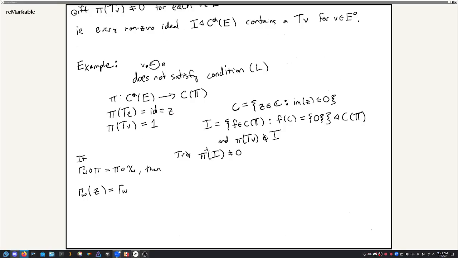that's gamma w composed with pi evaluated at t sub e, which, if this were true, would equal pi composed with the gauge action at t sub e, which would be pi of w t sub e. That's what the gauge action does. Which would equal w pi of t sub e, since pi is a star homomorphism.